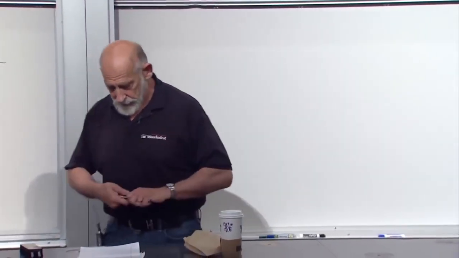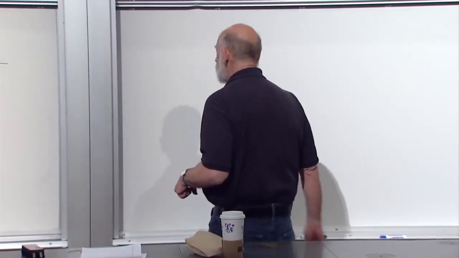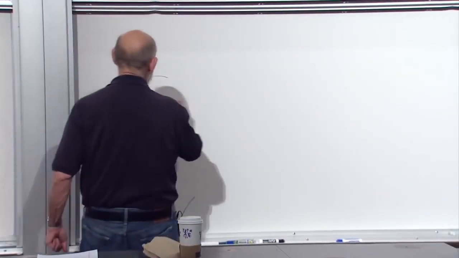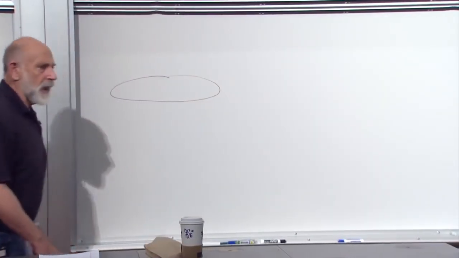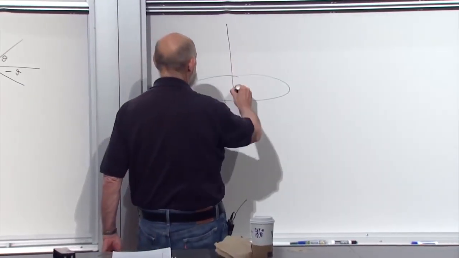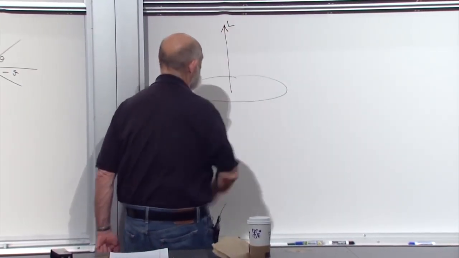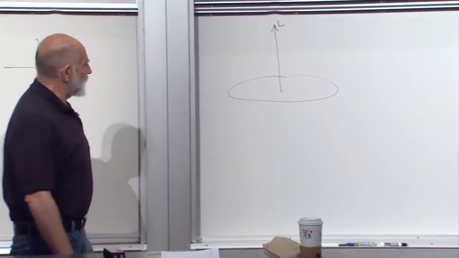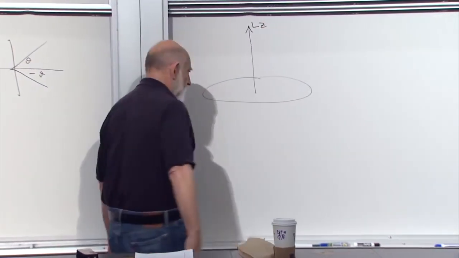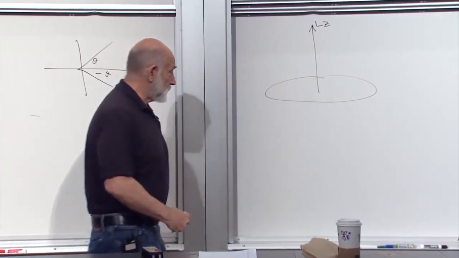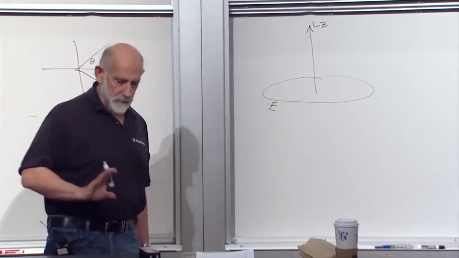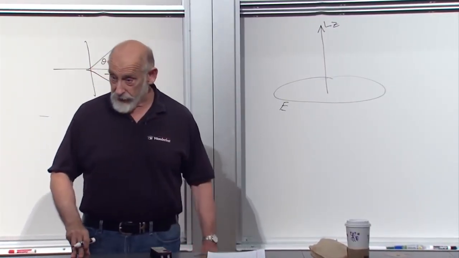Okay, let's imagine a planetary orbit. For my purpose now, it can be a circular orbit. It's orbiting about an axis, and it has an angular momentum which is perpendicular to the orbit. That could be Lz. It has a certain energy, E. Question, at a classical level, is that energy level degenerate?